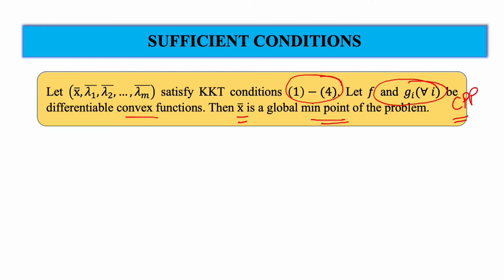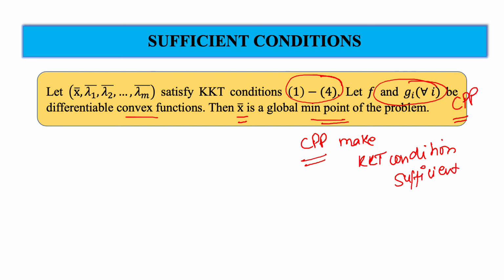So this is a sufficient condition, and let us discuss a few examples based on this. This is the advantage of convex programming problems, because convex programming makes the KKT conditions sufficient.